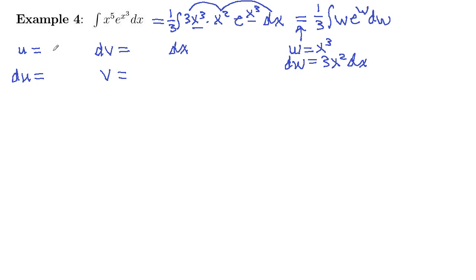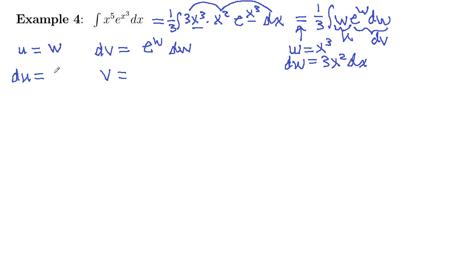So u, I'm going to let that be w, and then my dv is going to be the e to the w dw. So this is my dv, and that's my u. So here I've got e to the w, and then instead of dx, it's dw because we did a simplifying u substitution first.